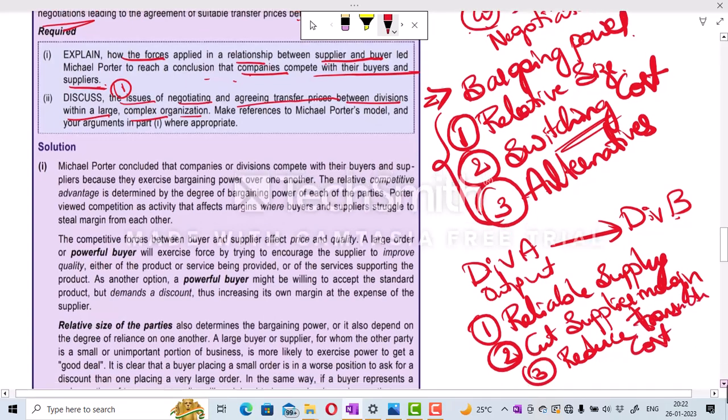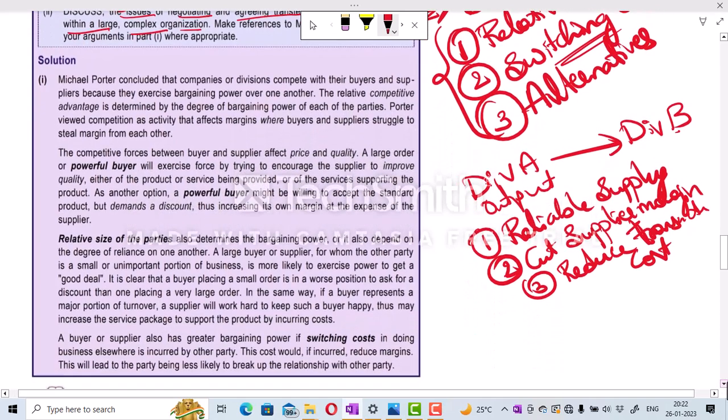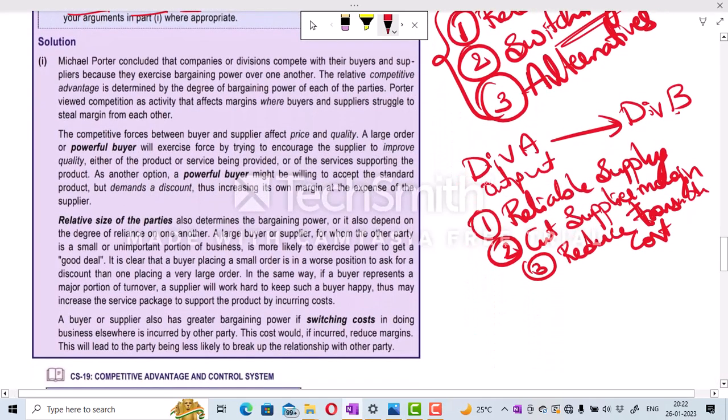But what is the issue here? If division A supplies to division B and their performance evaluation depends upon the division's performance, then they will negotiate. A will negotiate to charge a high price and B will negotiate to pay a low price.